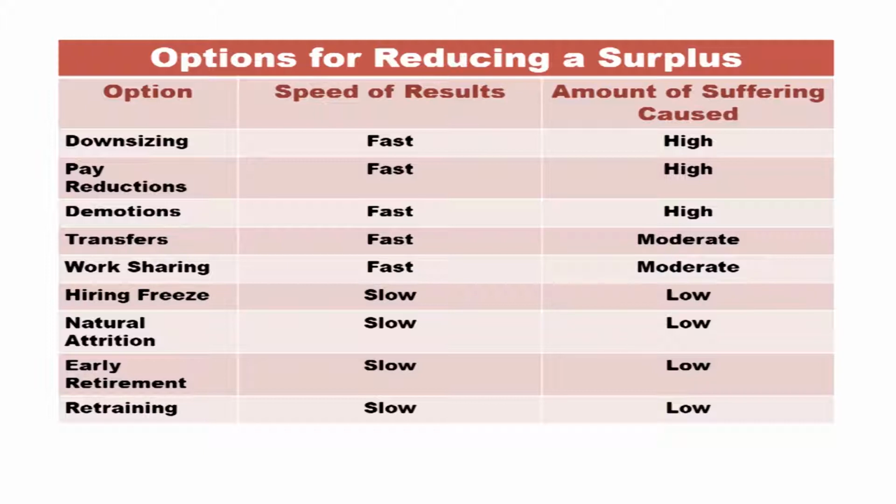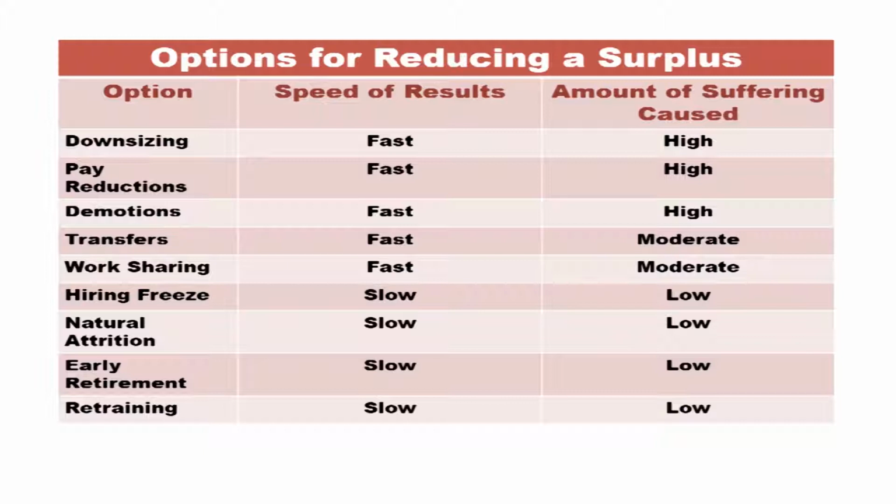The second column shows the speed of the results, and the third column depicts the amount of human suffering caused by the strategies. The options differ widely in their expense, speed, and effectiveness.